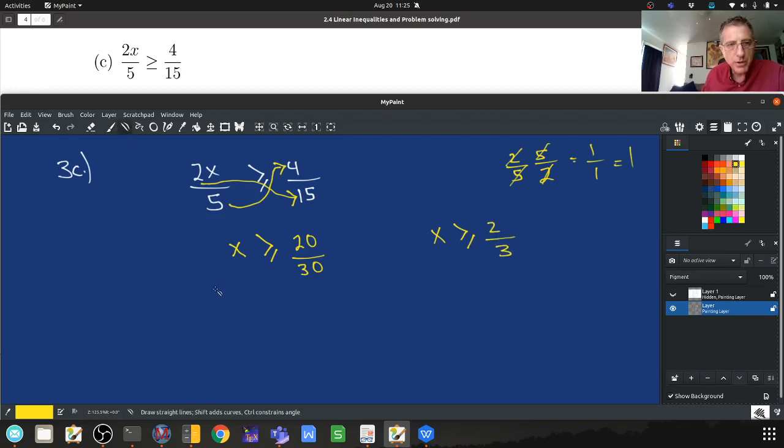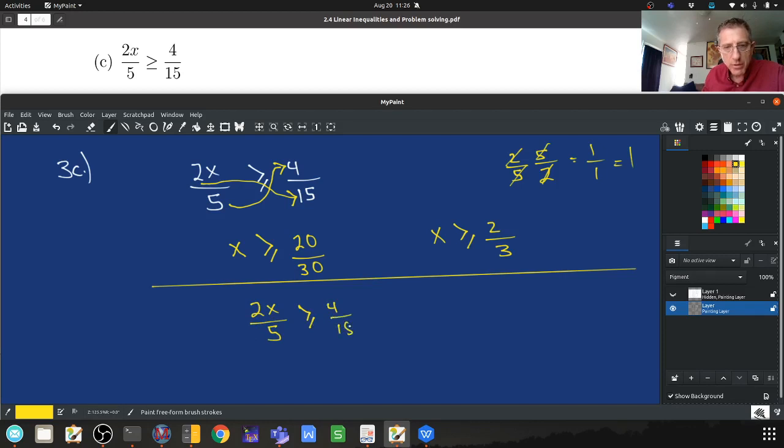So for those of you who want the more formal way to do it, I have a linear inequality, 2x over 5 is greater than or equal to 4/15. What you do formally is you identify the coefficient of the x term. That coefficient is 2/5. So you multiply both sides by its reciprocal, also known as its multiplicative inverse, which is 5 halves.